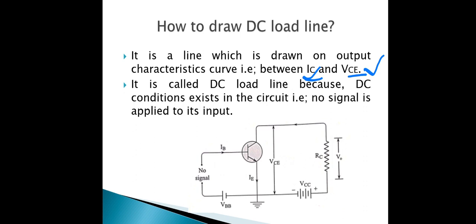It is called a DC load line because the DC condition exists in the circuit, that is, no signal is applied to its input. This we already discussed.